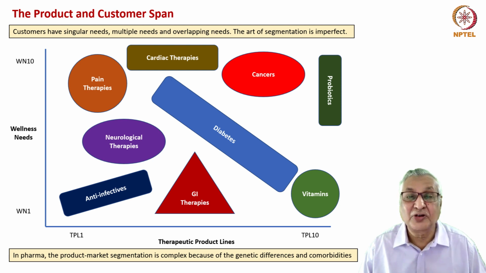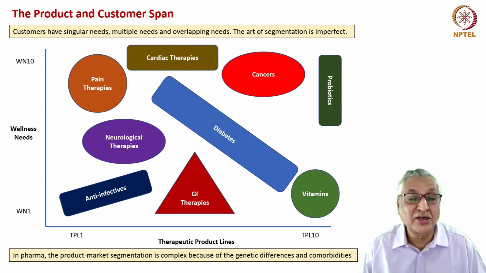You can position different therapeutic categories with the attendant patient needs in terms of these rectangles, triangles, ovals, circles that I have demonstrated here. Anti-infectives is a highly focused therapeutic area which works on one particular wellness need of curing the infection. You have neurological therapies which are broader and have multiple wellness needs.